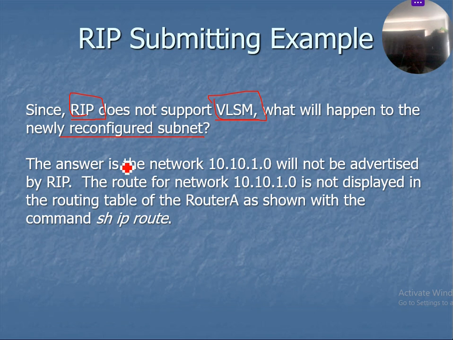It means it will not recognize it. Since RIP does not support VLSM, it will not recognize the subnet 255.255.255.128. It will not recognize the whole thing that you've done. It's not its fault, it does not support it. So it will not see it.